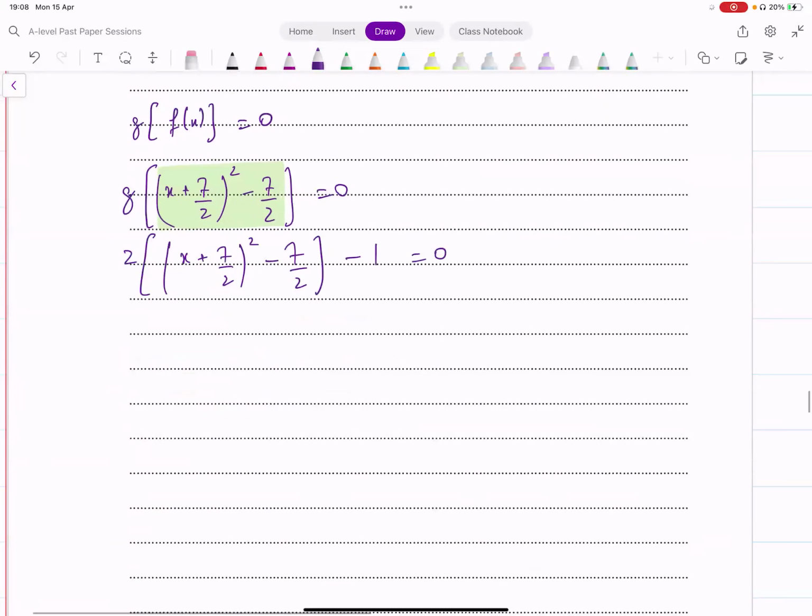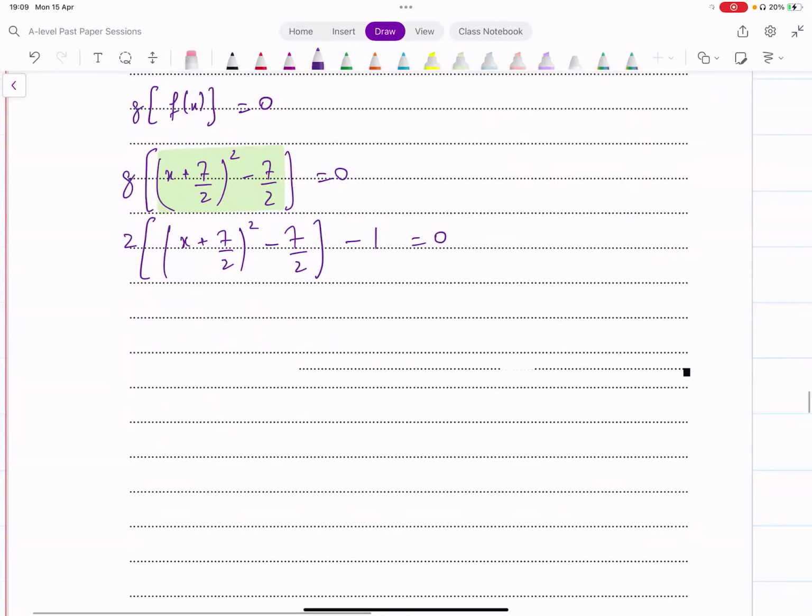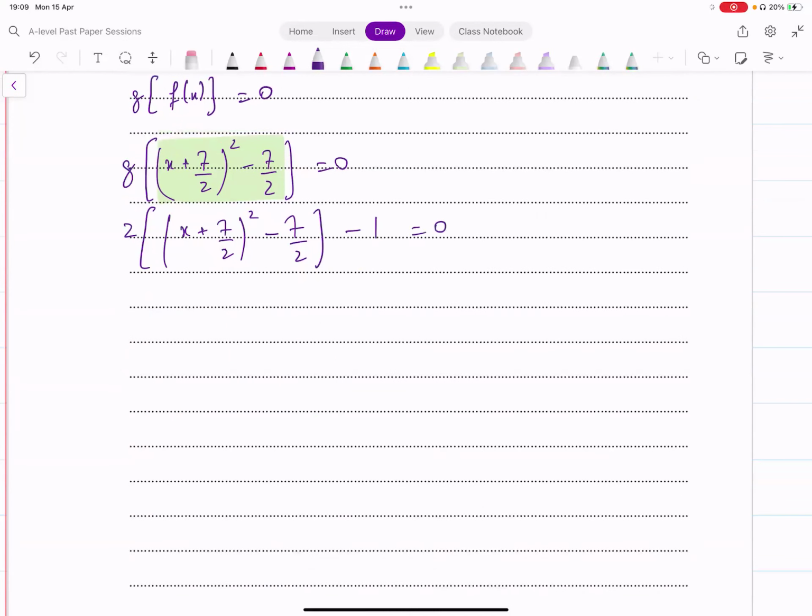One possibility could be to expand this square and then solve it like a normal quadratic equation using the quadratic formula or factorization. In this case, I think factorization is not going to be possible. Using the quadratic formula, you'll have to do that. The quicker way of doing this would be to leave it like this, and you might not even need to simplify.